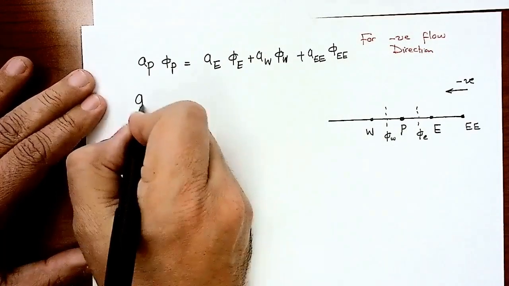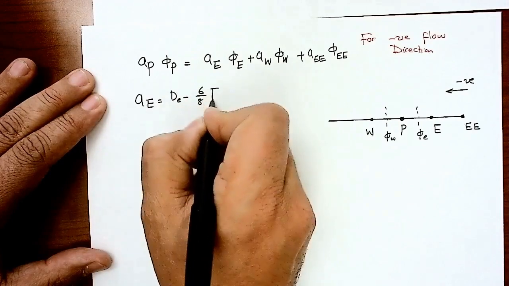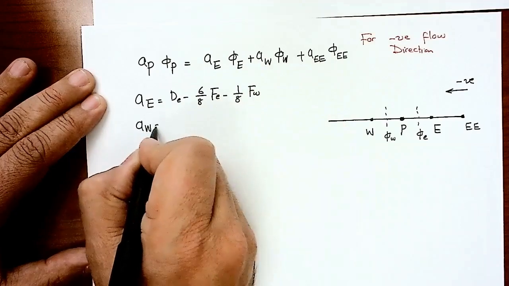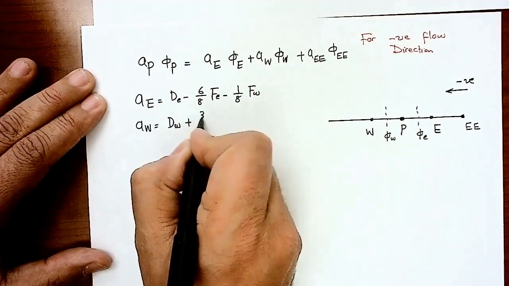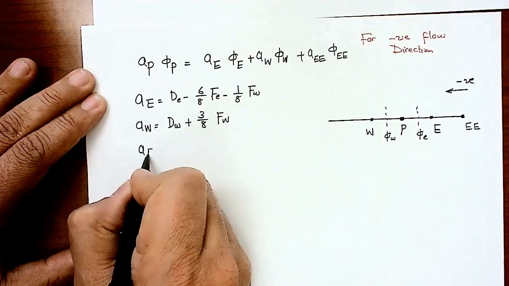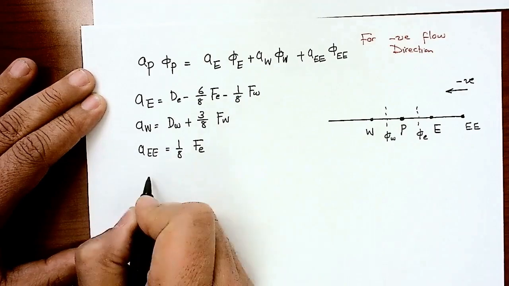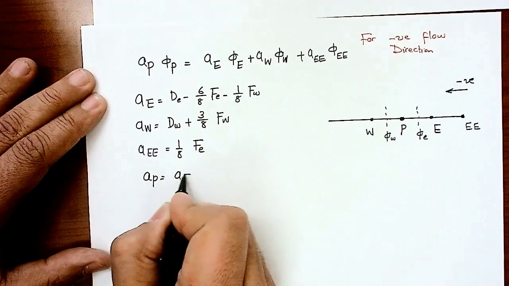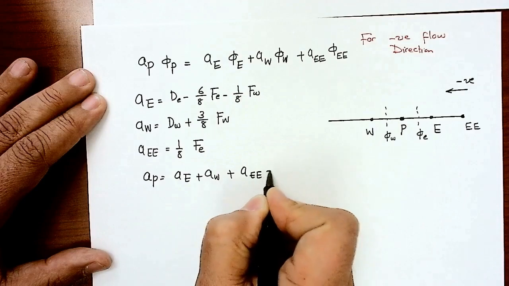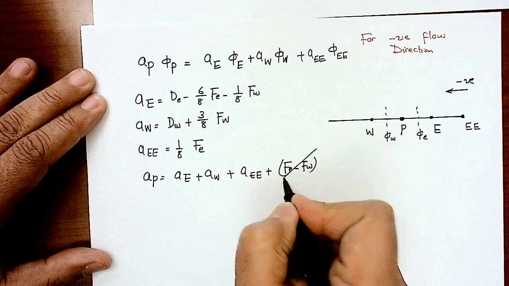Then A east is simply D east minus 6 over 8 F east minus 1 over 8 F west. A west is equal to D west plus 3 over 8 F west. A east-east equals 1 over 8 F east. Then AP is simply equal to A east plus A west plus A east-east plus FE minus F west, which is actually 0.